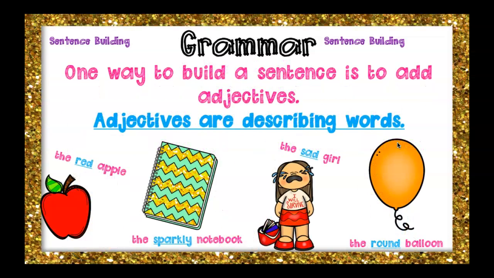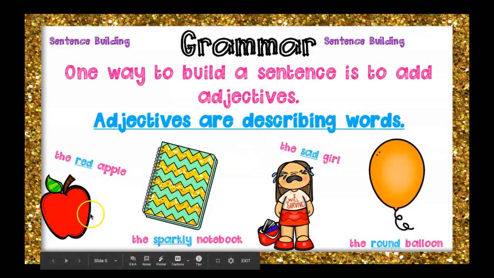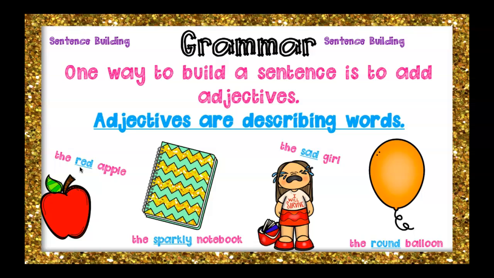So one way to build a sentence is to add adjectives. And we already know that adjectives are describing words. For example, this apple, instead of saying the apple, we can say the red apple. Red is the adjective in that sentence.